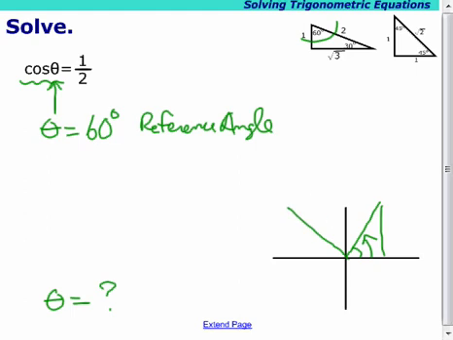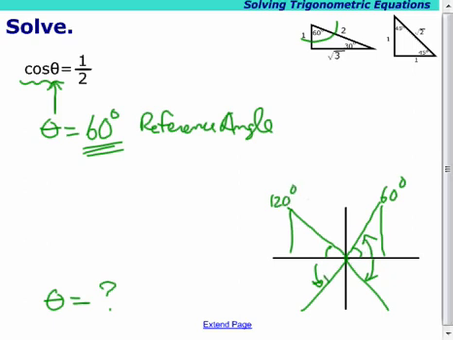If I drew an angle over here, again the cosine ratio of a 60-degree angle will be 1/2. Down here in the bottom two quadrants, same thing. So what happens is that for my one answer here, my reference angle, I really have 4 different possible answers. So this one is 60 degrees. This angle here would be 180 minus the reference angle, or 120 degrees.